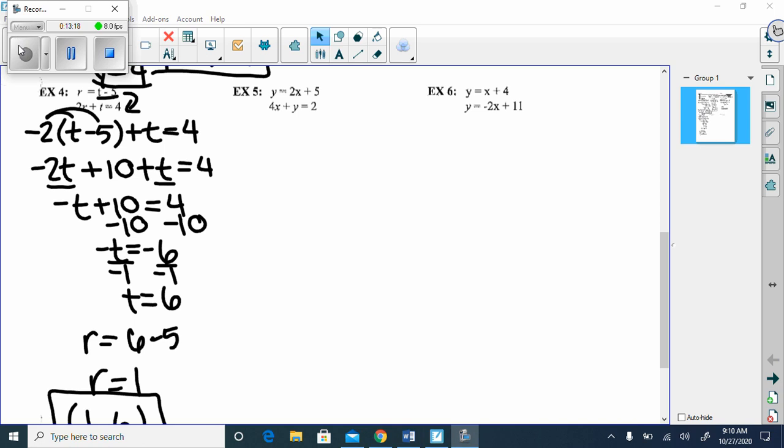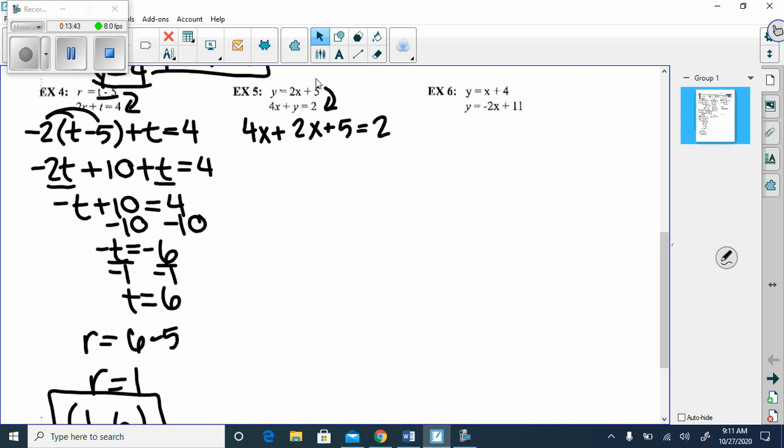So on number 5, which one did we plug into which? Right, top one into the bottom one. So anywhere there's a y in the second equation, we got to plug in 2x plus 5, right? So I just rewrote it, 4x plus, instead of y, 2x plus 5 equals 2.